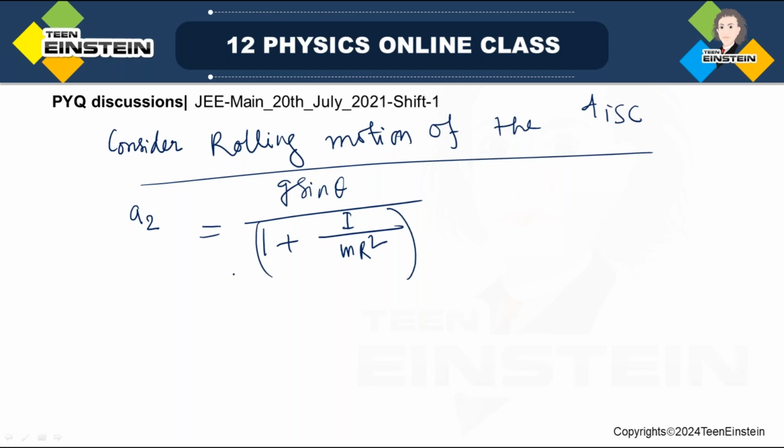Okay, so this is a disk, right? So the moment of inertia about its own axis is mr square by 2, right? This is also, let us say, capital M only.